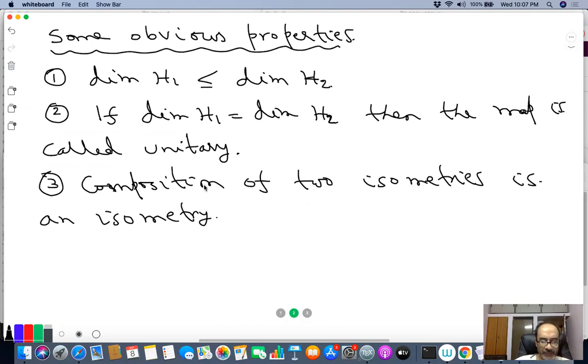And so even though this is a general definition, in what we'll study, we'll take H1 and H2 to be a collection of qubits.